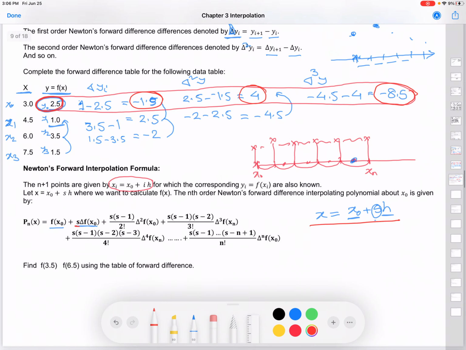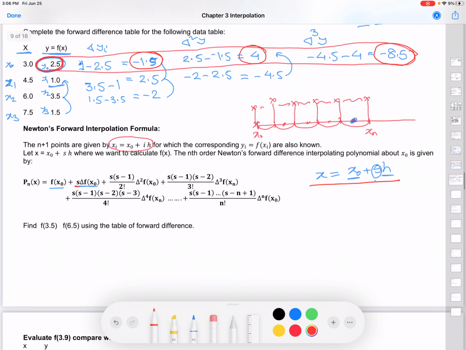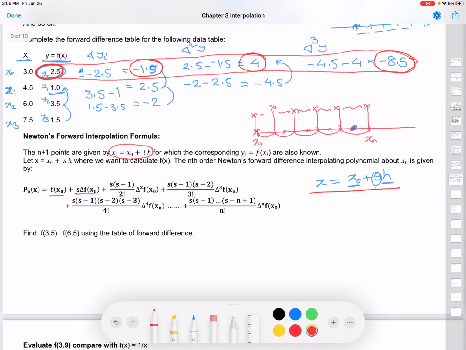Now we want to calculate, this is saying find f of 3.5 and find f of 6.5 using the forward difference table. We already know y0, the first order difference, second order difference, and third order difference. Suppose I want to calculate the function value at x equal to 3.5.